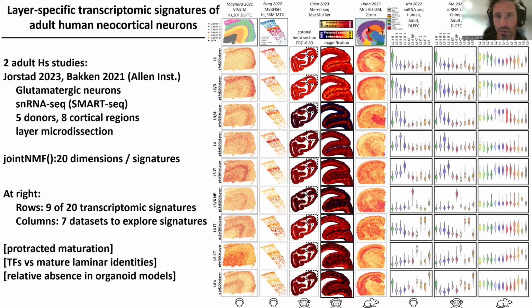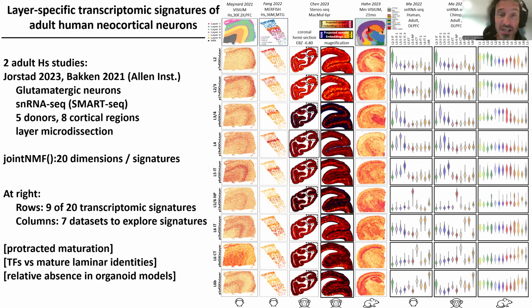Okay, so now we're getting to what the picture at the right is. The 9 rows are 9 of those 20 transcriptomic signatures, and the 7 columns, well, there's actually 8 columns, but there's 7 data sets. Each column is a data set where we're looking at each one of those laminar identities that we extracted from the first 2 data sets.